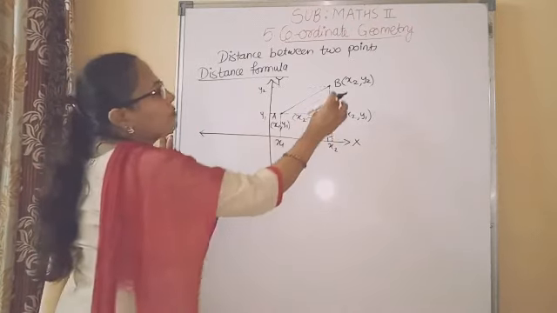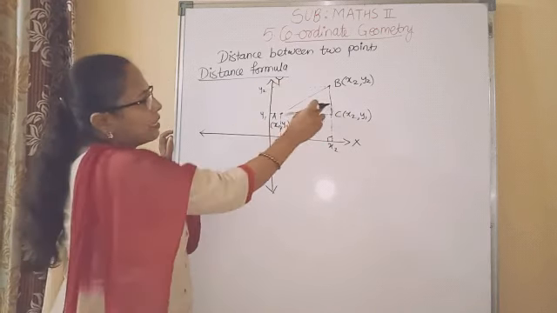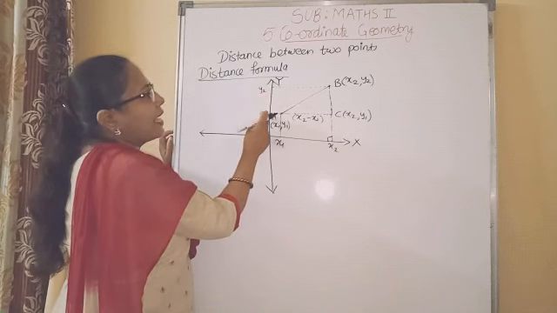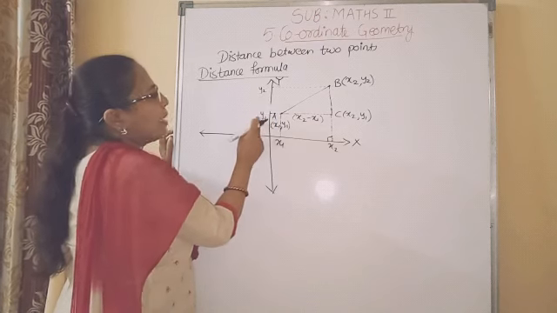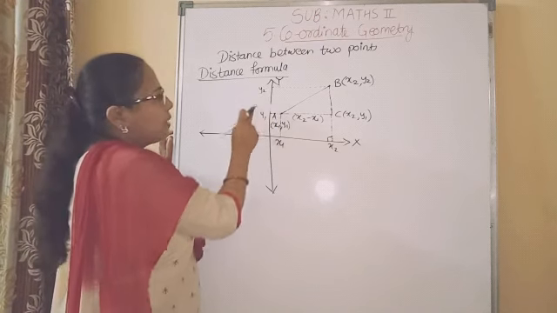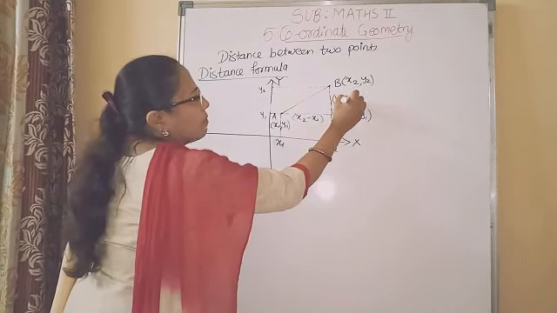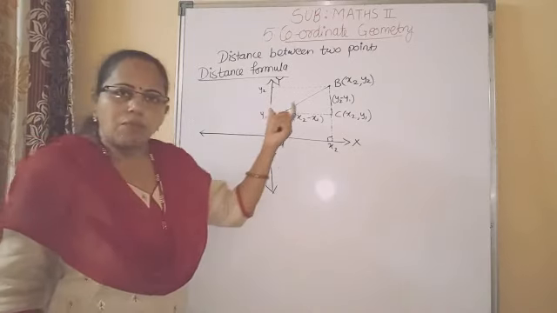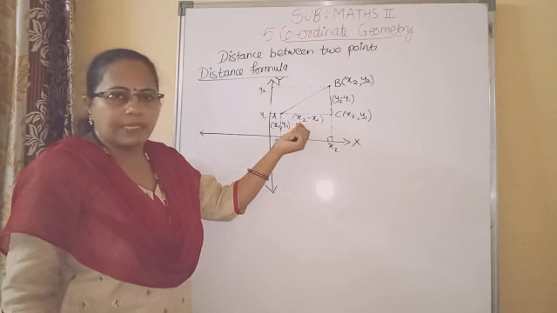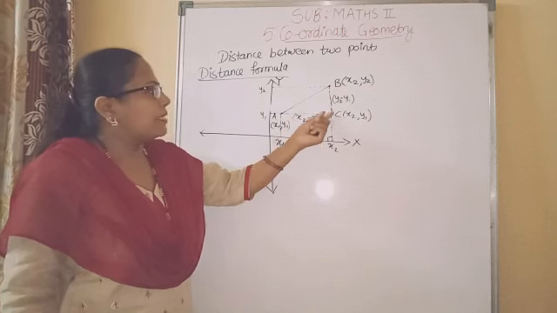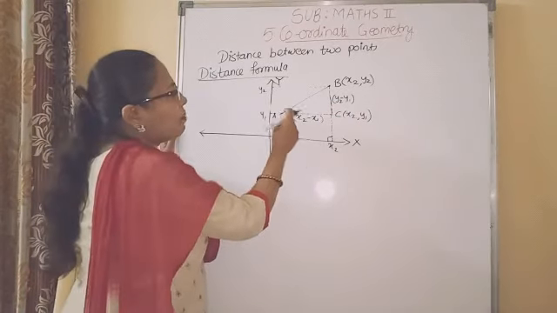Now segment BC is parallel to the y-axis. The length of this segment on the y-axis is y2 minus y1. So BC is also y2 minus y1. Now we got the length of segment AC as x2 minus x1 and the length of segment BC as y2 minus y1.